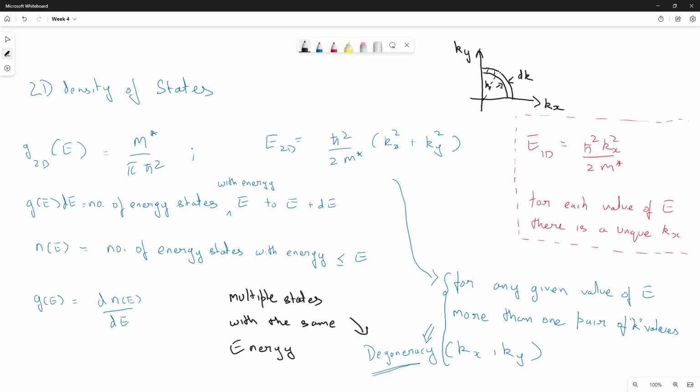So all the k values, combinations, points in this region are to be considered when you are calculating the density of states. Whereas when you are doing the 1D system, you only choose one k value. You don't choose multiple k values.